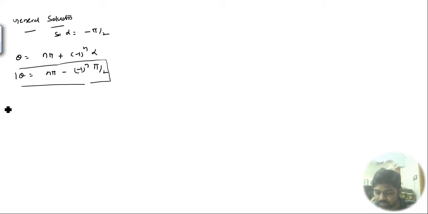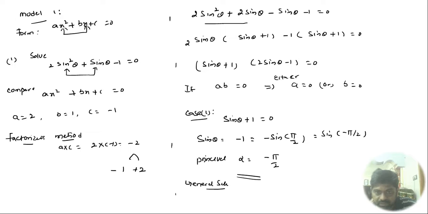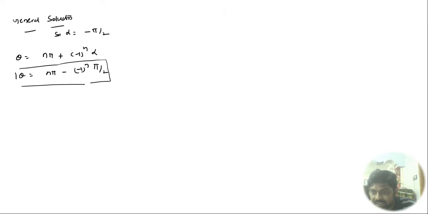Next, case 2. So what is the case 2? 2 sin theta minus 1 equal to 0.